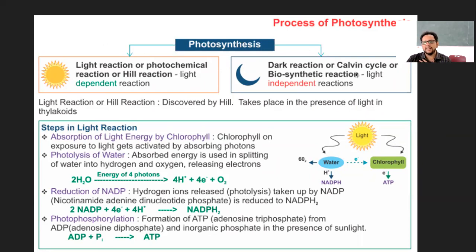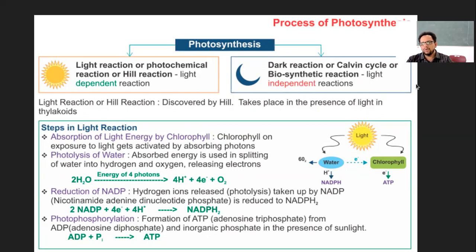And dark reaction is actually the Calvin cycle, where whatever energy is generated in the light reaction is being utilized in the synthesis of the glucose molecule. Not directly glucose, but G3P, glyceraldehyde 3-phosphate, is formed. From that glyceraldehyde 3-phosphate, glucose is formed.